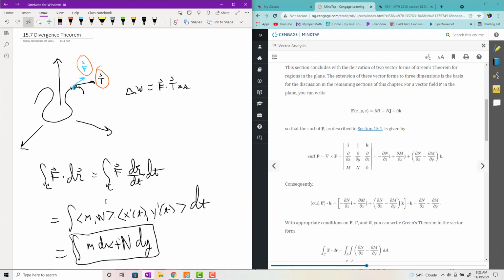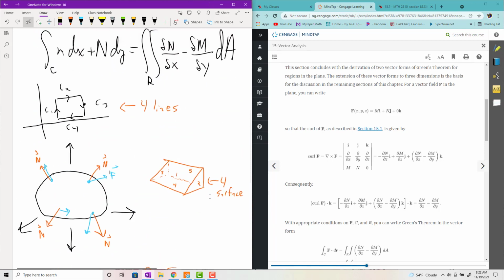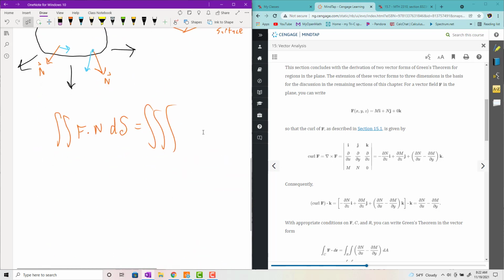Now we want to know the alignment between the force vector and the normal vector, right? So we can't call upon Green's theorem directly, because that was all about this f dot t issue going over to a double integral. We want to go f dot n over to a triple integral.